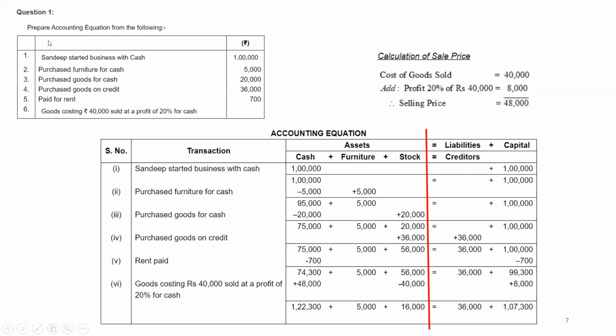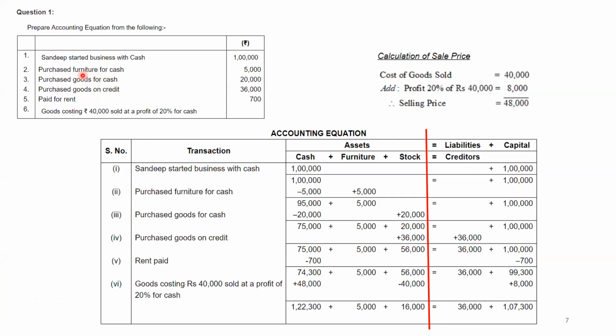I want everyone to read it on your own. Just see the question. Sandeep started business with cash. That means what is that amount? Capital, right? It is a capital amount of 1 lakh rupees. Purchased furniture for cash.